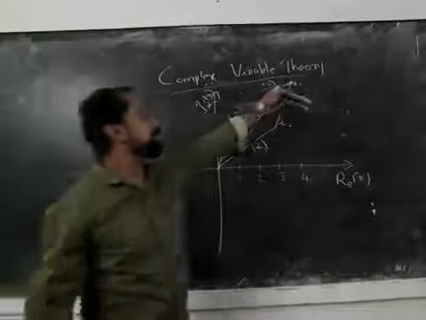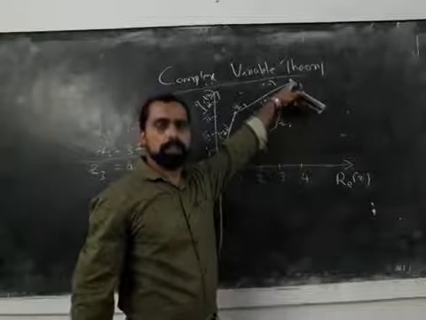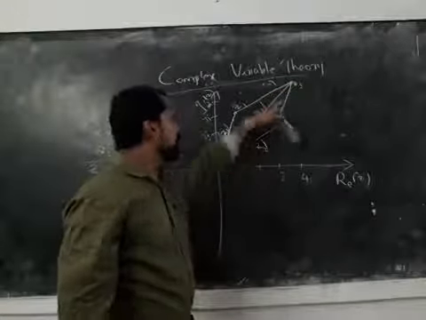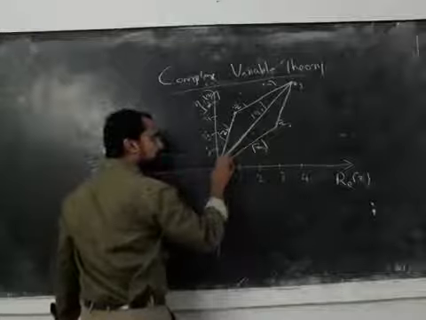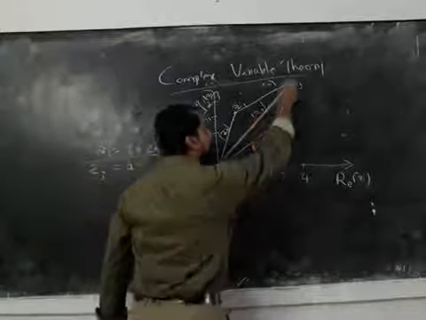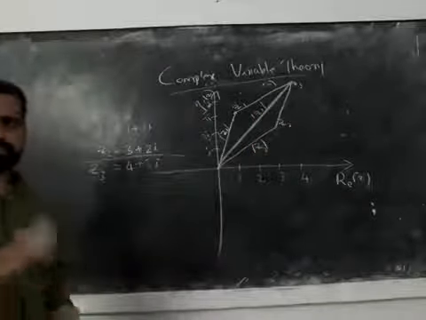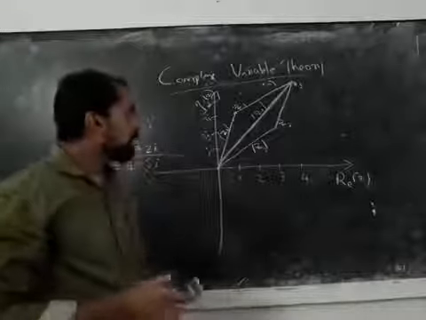The diagonal of this will be your z3, and this diagonal will give you the modulus. You understand? That is another thing we mentioned.